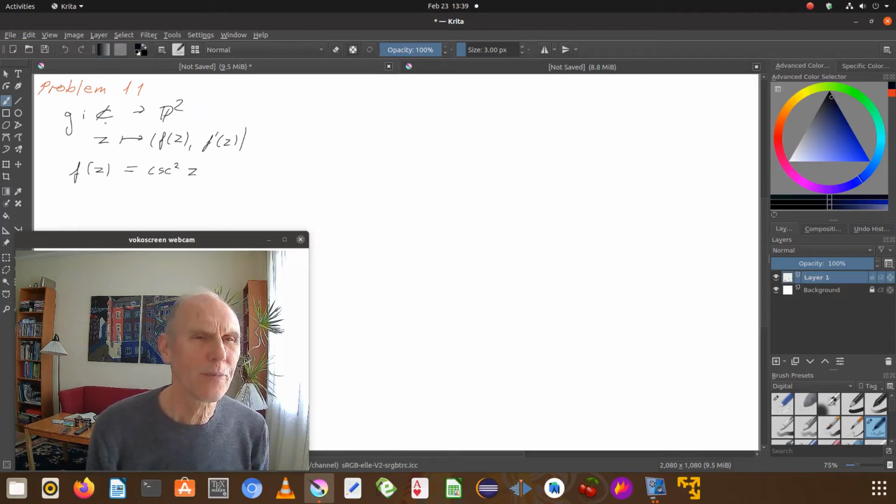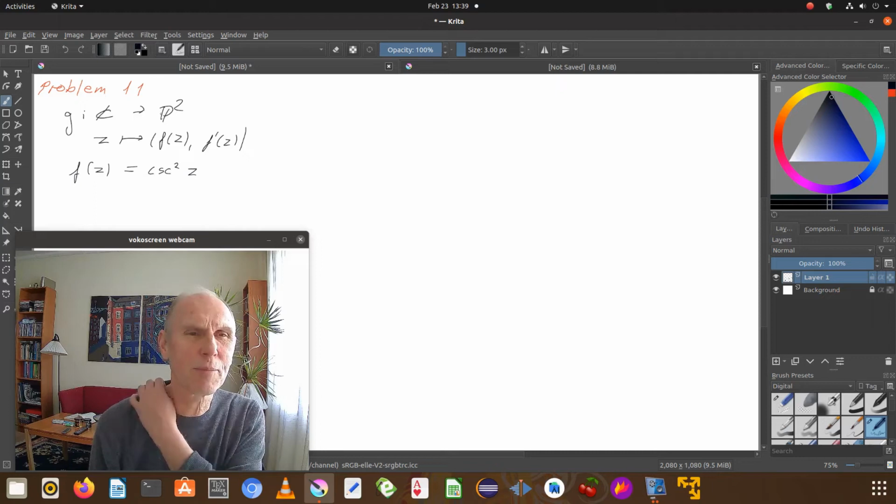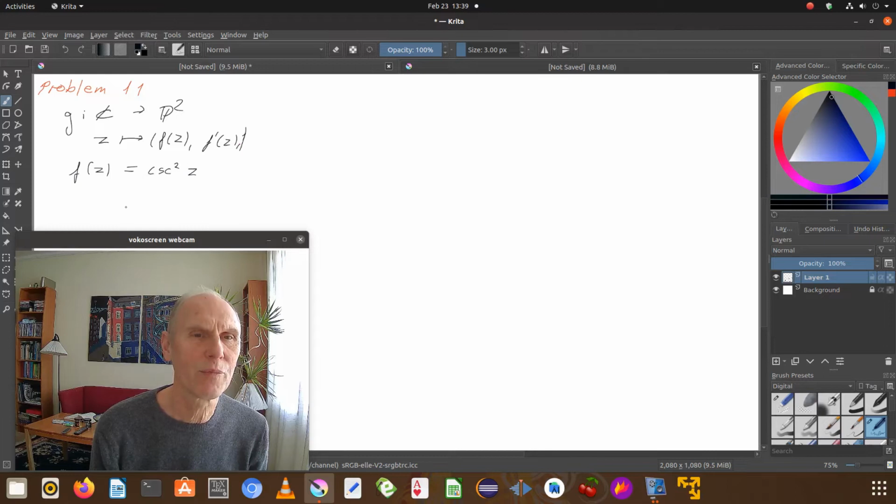Now, we actually need to do it a little better, because when it's in the projective space, this is the affine part of it, so it should be 0, 1. Now the derivative of this guy.